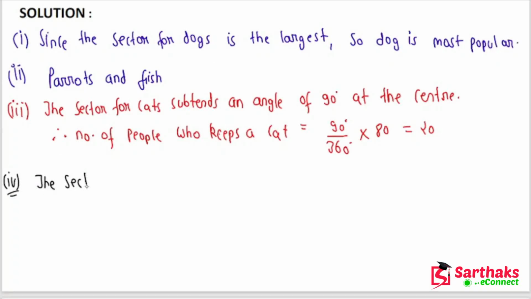We will start by saying that the sector for parrots subtends an angle of 45 degrees at the center.